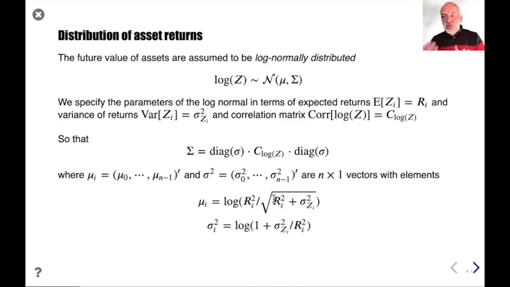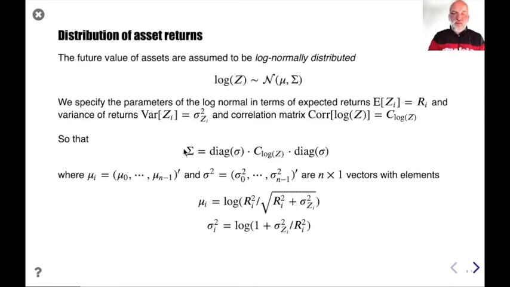So just to sum up, what you do is you specify the expected returns, you specify the variance on the returns, and then potentially a correlation matrix. Then you calculate sigma squared and mu by these equations, stack them together into these vectors.